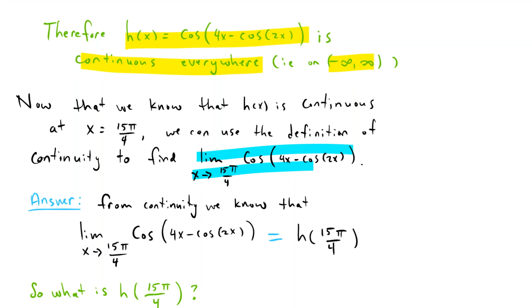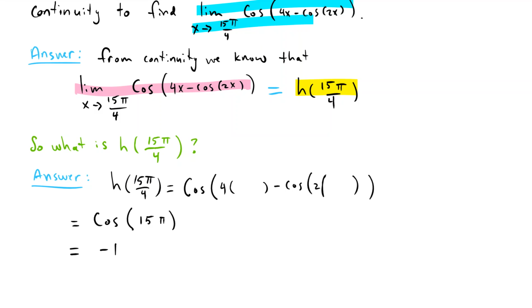If we know h is continuous at 15 pi over 4, then that means that the limit exists at that point, and the limit at that point equals the function evaluation at that point. So to find the limit, all we have to do is find the function evaluation at 15 pi over 4.